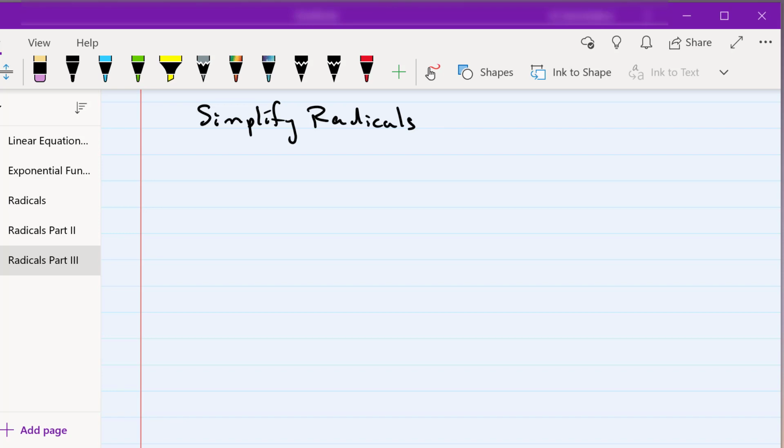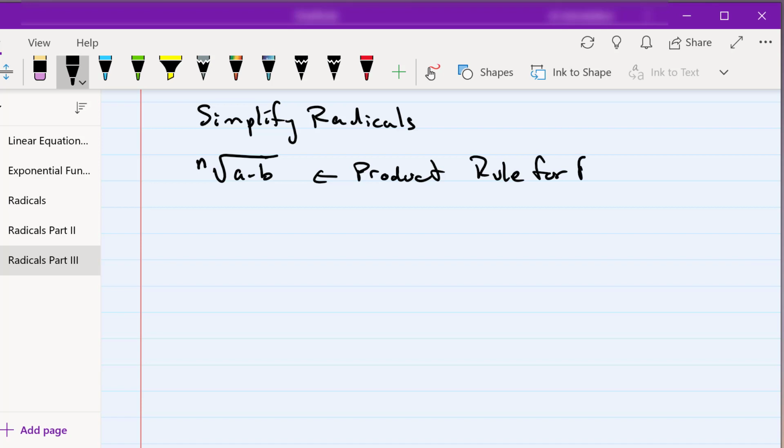Now suppose we have something like this, the nth root of a multiplied by b. So we have a product rule for radicals.